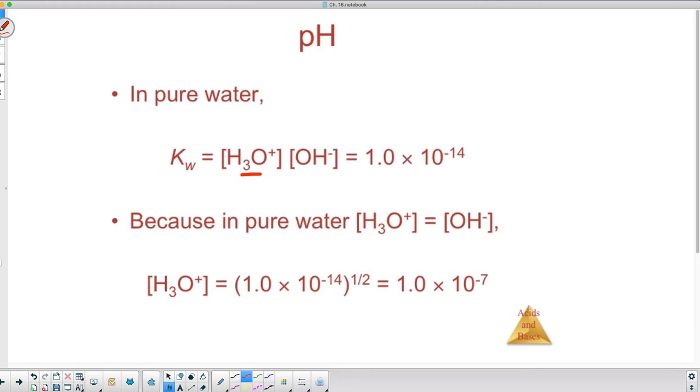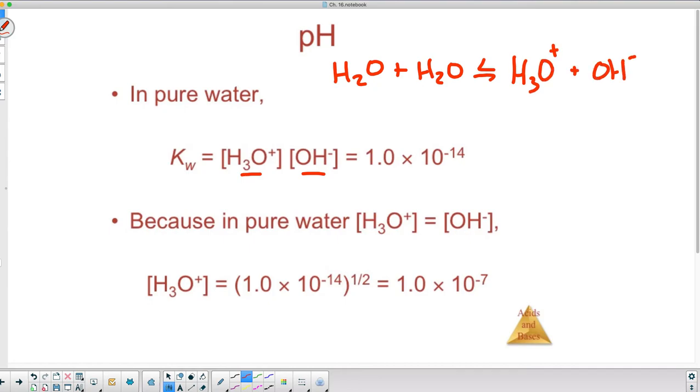So here's where we talk about pure water. Here I have my hydronium ion and I have my hydroxide. Just so that we're clear on this, in case you didn't pick it up because I didn't mention it before, if this is our equilibrium, then because these are both pure liquids, all we would see in the K expression is this.